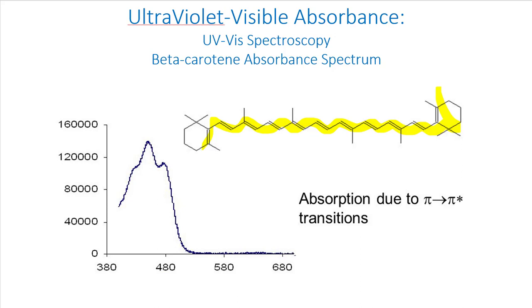Again, this could continue on out in the visible range to about 800, although for beta-carotene, the lambda max of the absorbance or absorbances are just inside the visible range, maybe somewhere around 450 nanometers, which is why beta-carotene is sort of orange in color.